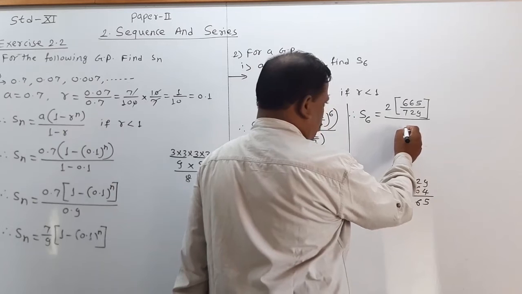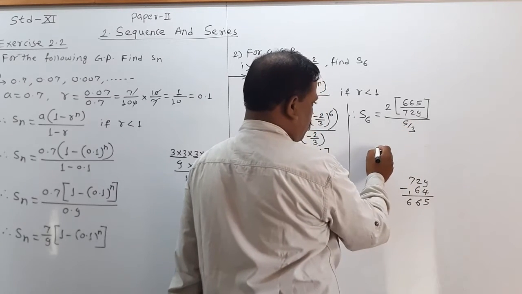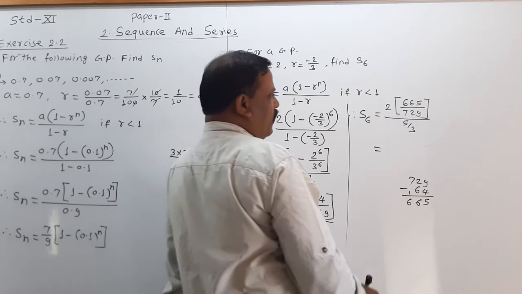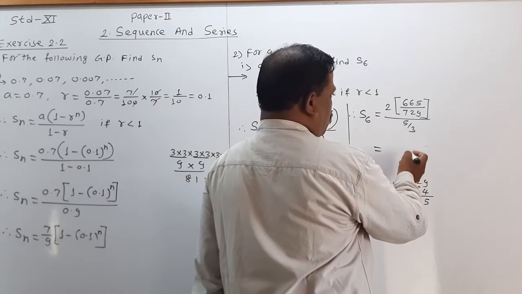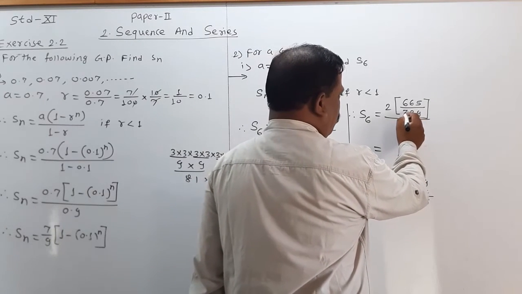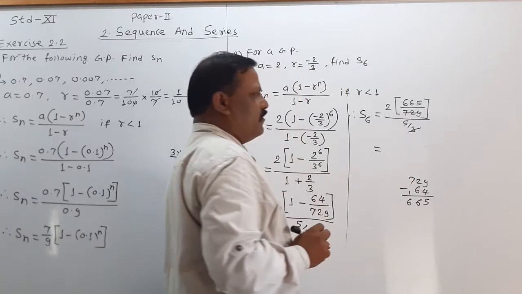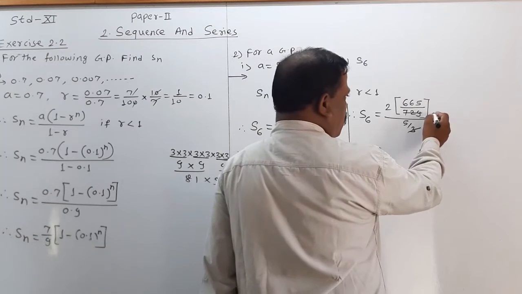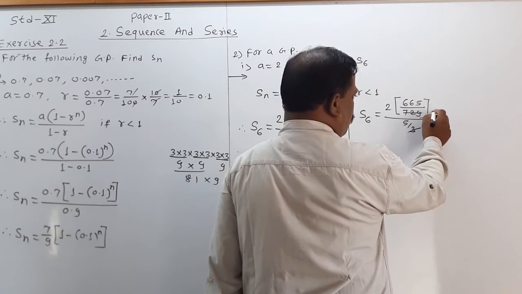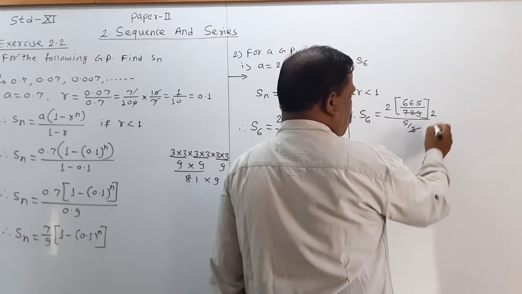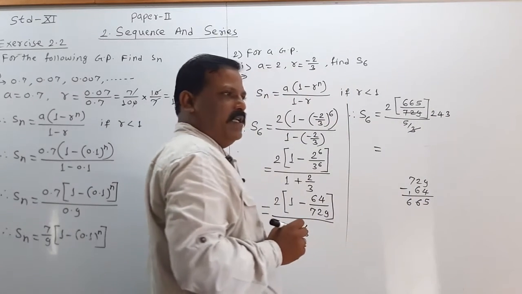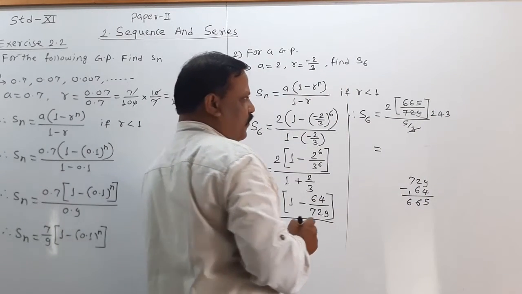Now this 3 divides into 729. We get 243.